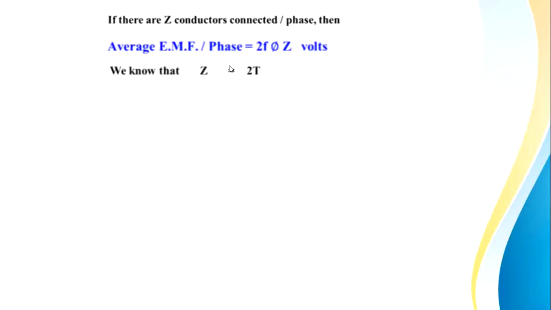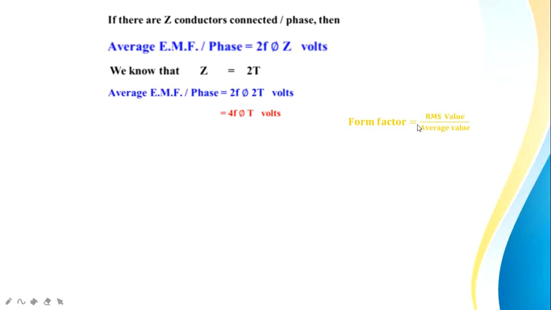Now Z is equal to 2T. From here it is replaced, so 2F phi into 2T becomes 4F phi T. After that, we know the form factor for any sinusoidal wave is the RMS value by the average value, and we need to find the RMS value of the EMF.